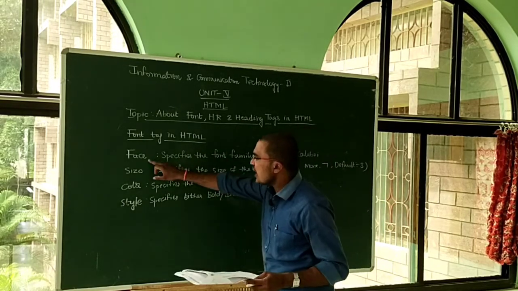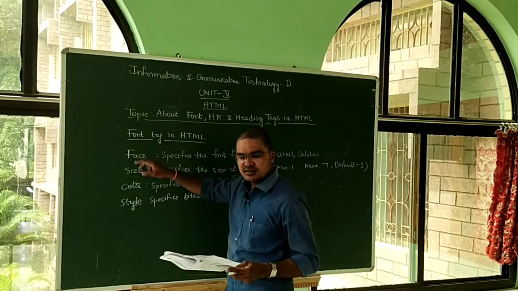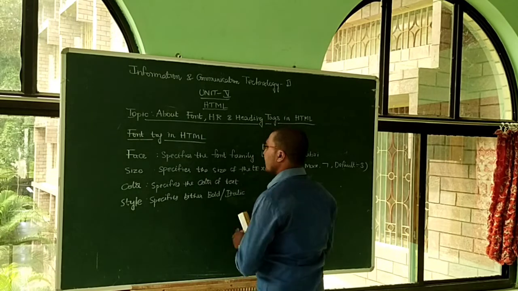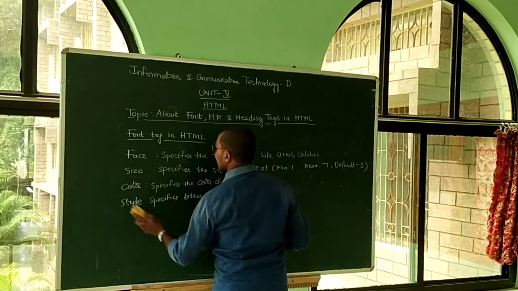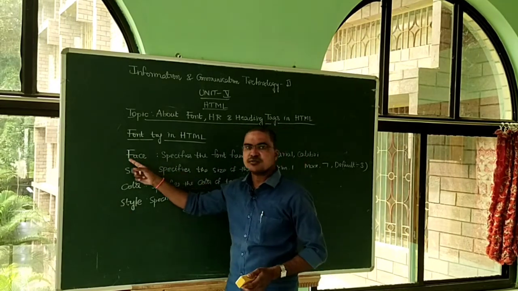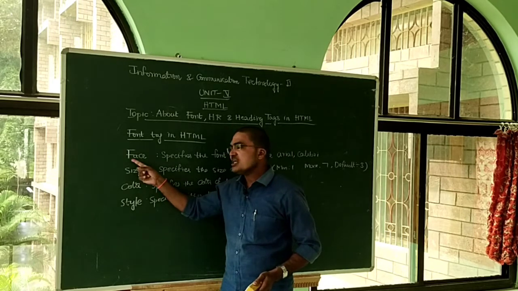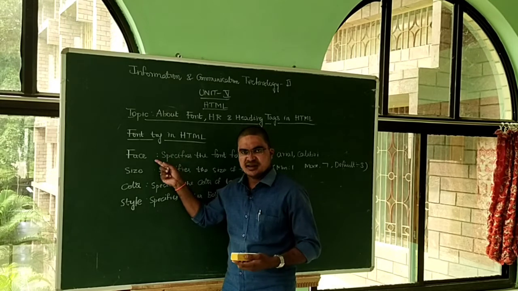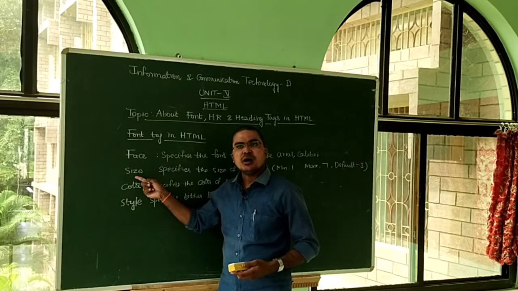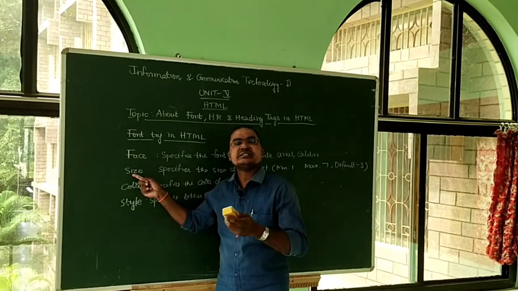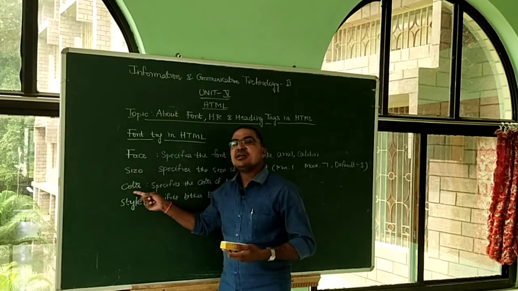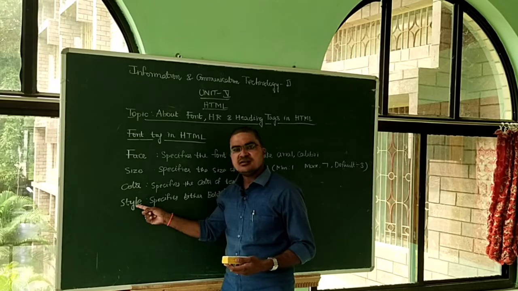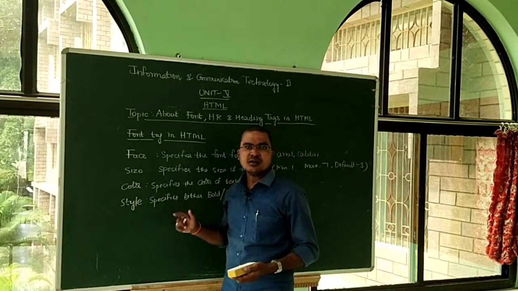I will show a sample example about these tags so you understand the importance of each and every attribute. Face helps to set the font letter style, size helps to decide how big the text appears in a page, the color specifies the color of the text, and style specifies either bold or italic.